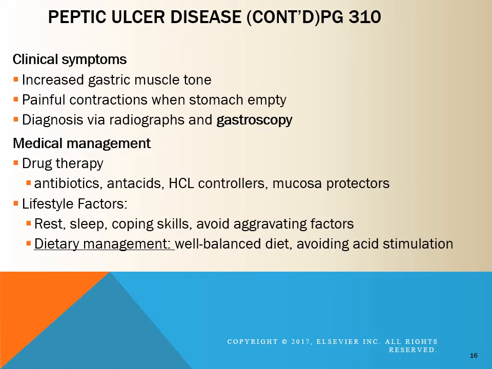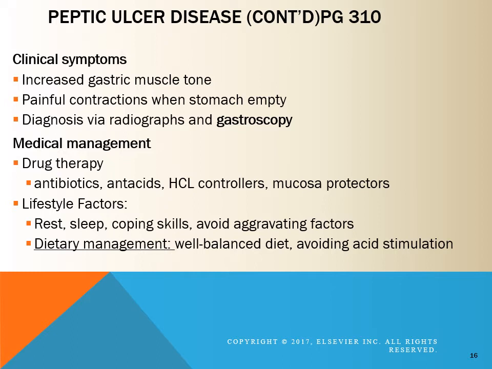These all help ease these symptoms. Medical management: drugs like antibiotics, antacids, HCl controllers, or mucosa protectors can all be utilized. Lifestyle factors, like I mentioned: rest, sleep, coping skills, and avoiding aggravating factors.